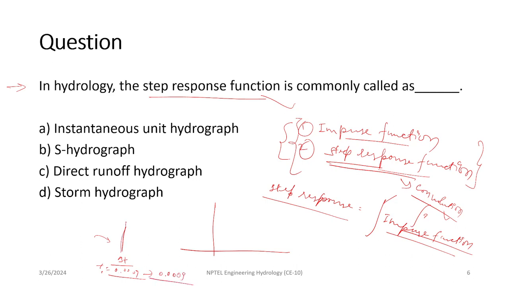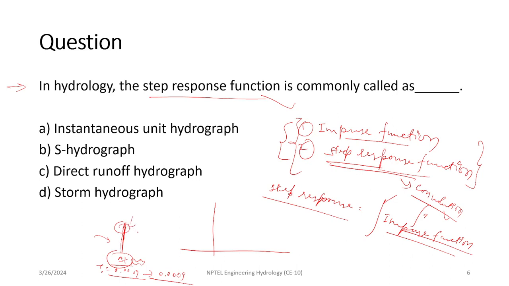Now the precipitation came and it went away. So of course this change in the interval of time is very, very small, but what we got is a certain kind of function. So this function could be assumed as an impulse.